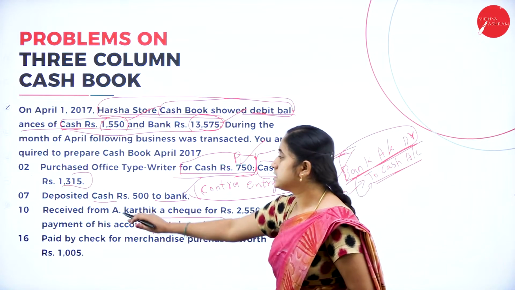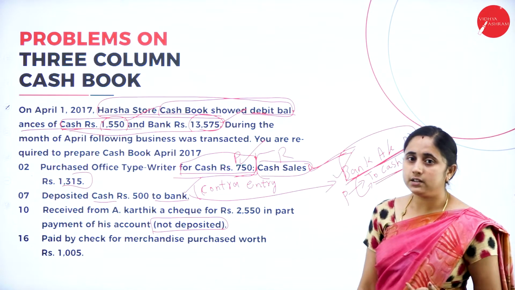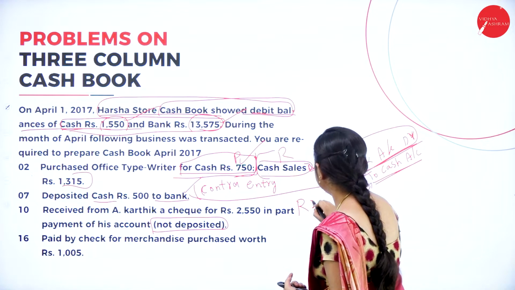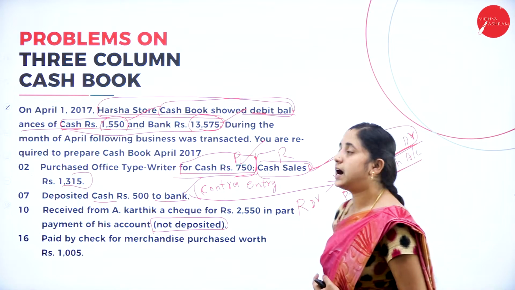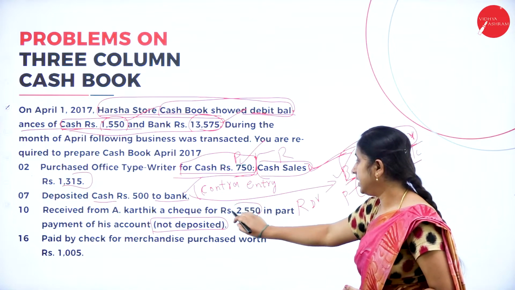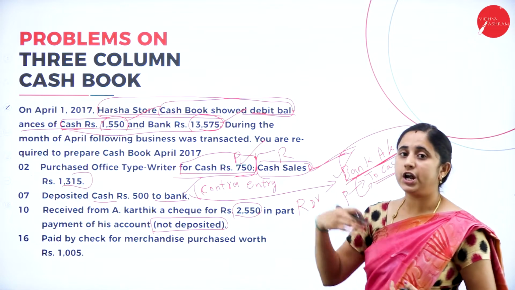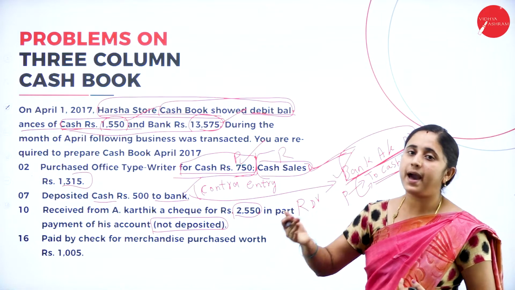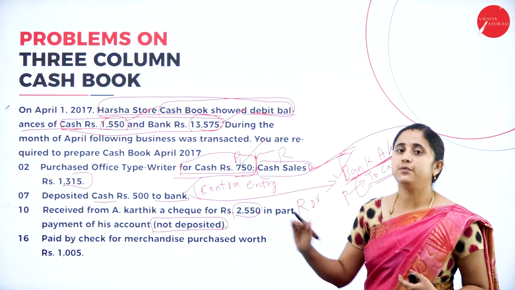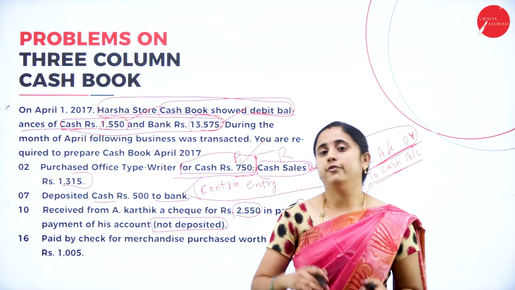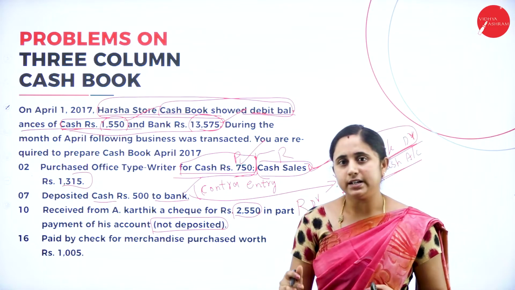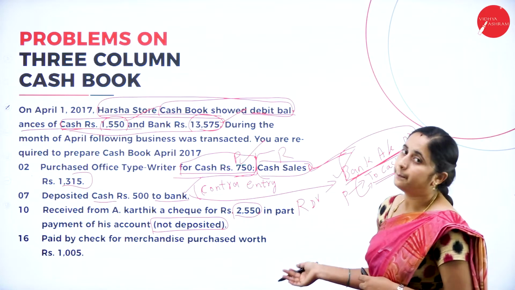So here, received means a receipt, so write on the receipt side, that is the debit side: A. Karthik, rupees 2,550. Here you are not going to deposit in the bank, so the bank amount will not increase now. You write the 2,550 in the cash column. When you deposit into the bank, at that time the bank amount will increase and you record it in the bank column.